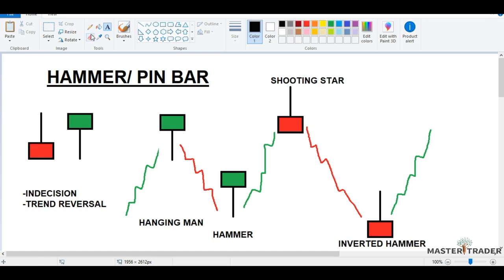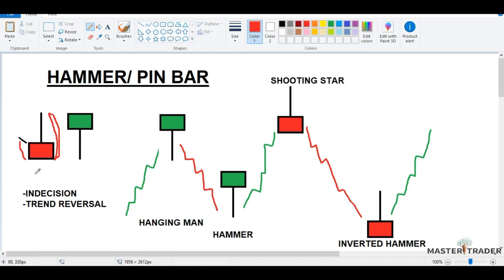Now, generally the way a hammer forms is, in this case, price opened here. It came down, made this low. And then from here, it shot up, made a high. And then again, it came back down and closed right here. So if you understand this, there's a clear fight going on between the bulls and the bears.